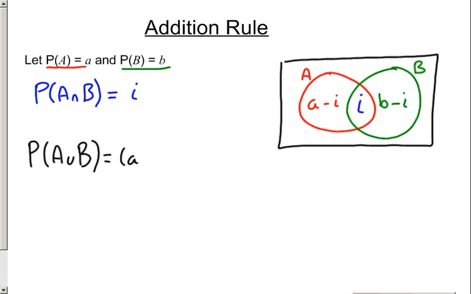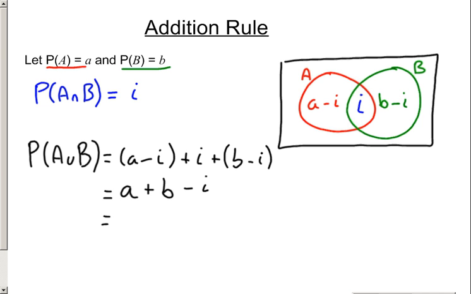So that's A minus I, plus I, plus B minus I. But that simplifies. We have an A, we have a B, and we have plus I but minus 2I, which gives us minus I.